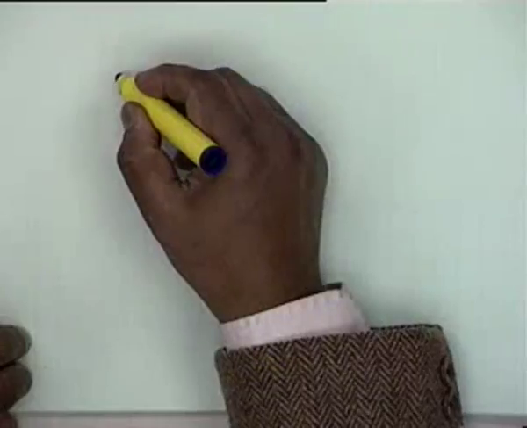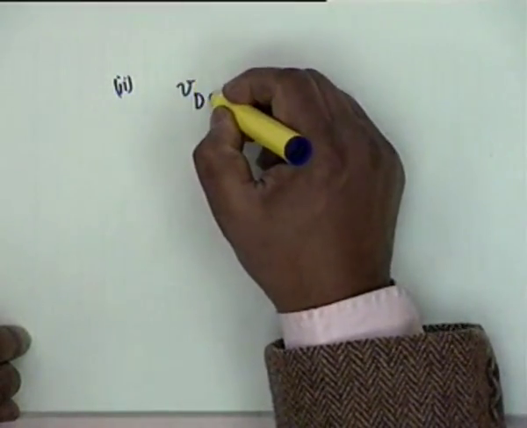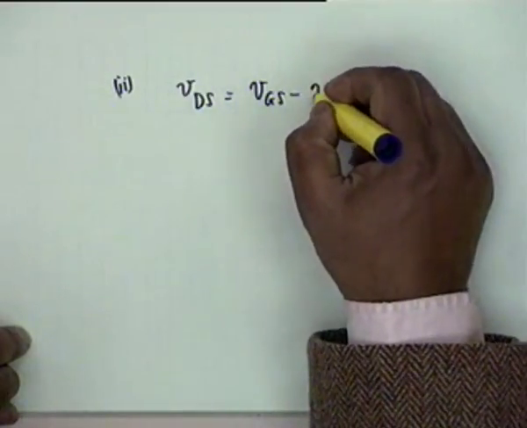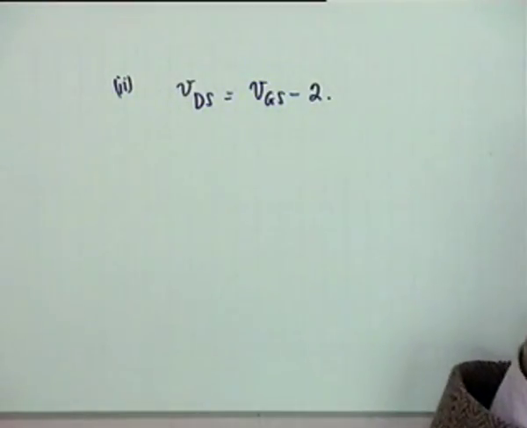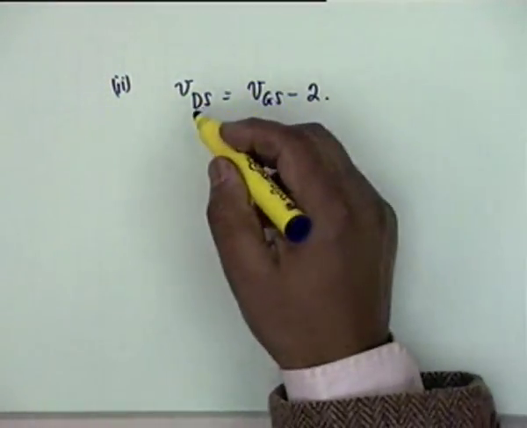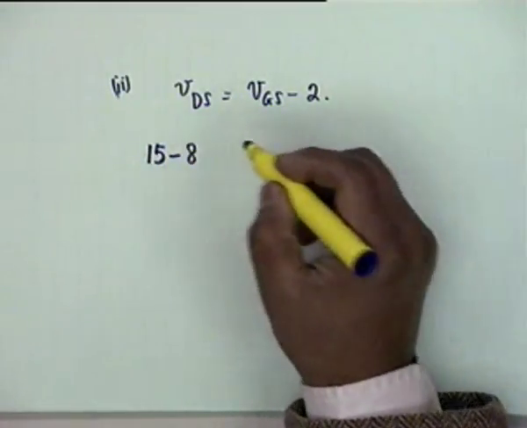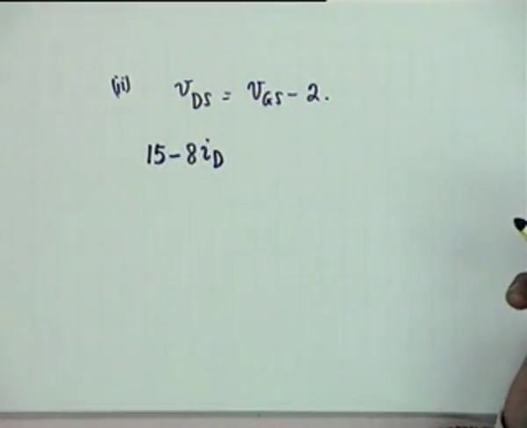If the transistor operates at the edge of saturation, the condition is that VDS should be equal to VGS minus 2. This is the condition. And now what is VDS? 15 minus 8 ID. Agreed? ID in milliamperes.